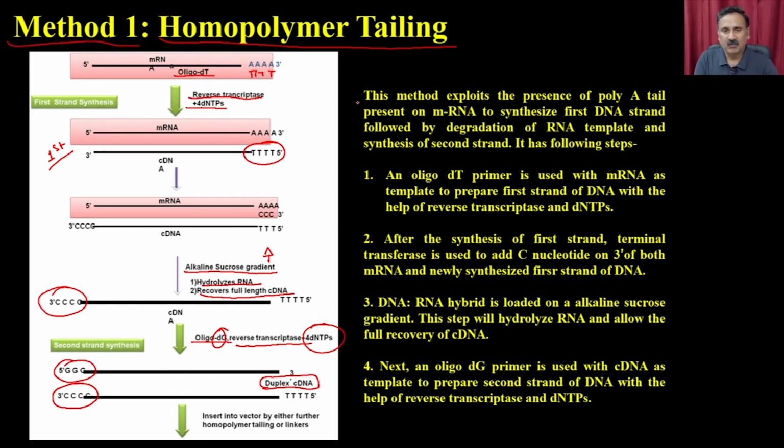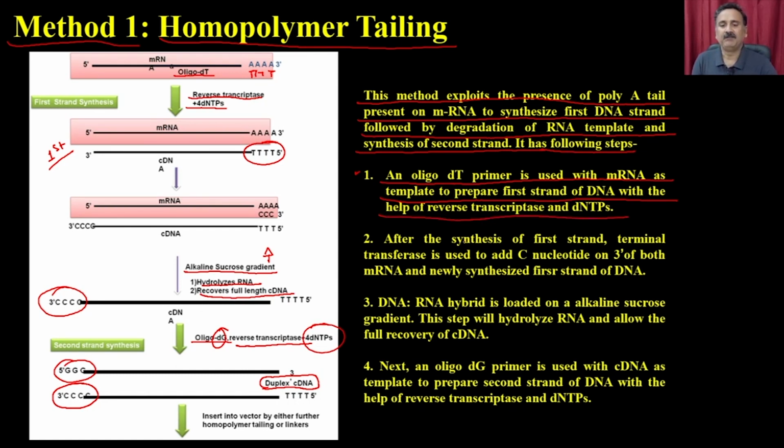So, in the homopolymer tailing, this method exploits the presence of the poly A tail present on the messenger RNA to synthesize the first strand, followed by the degradation of the messenger RNA template and the synthesis of the second strand. So, it has the following steps. In step 1, an oligo dT primer is used with messenger RNA as a template to prepare the first strand of DNA with the help of the reverse transcriptase and the dNTPs.